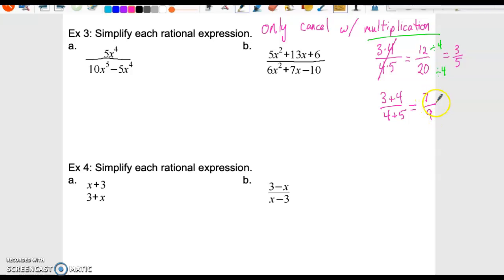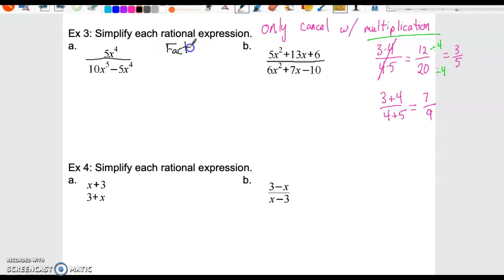Well, 7 over 9 can't be divided by the same number, so that trick with canceling does not work with addition. And I see it every year, and I just need you guys to, I guess, pay attention for that. So my clue for you is two-factor.